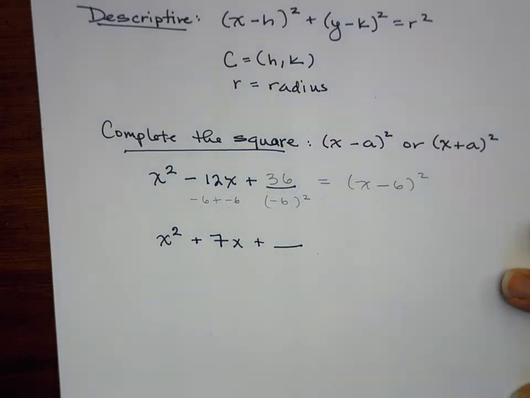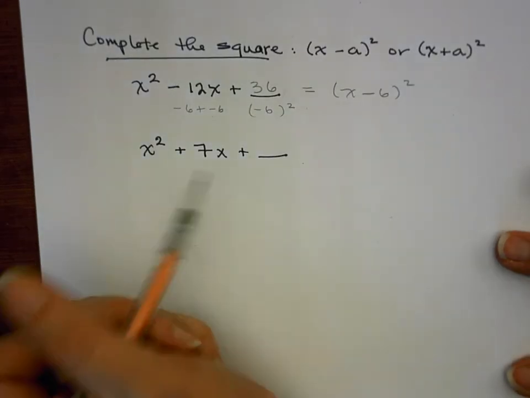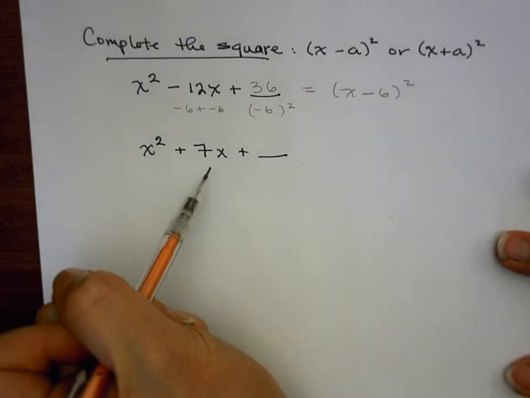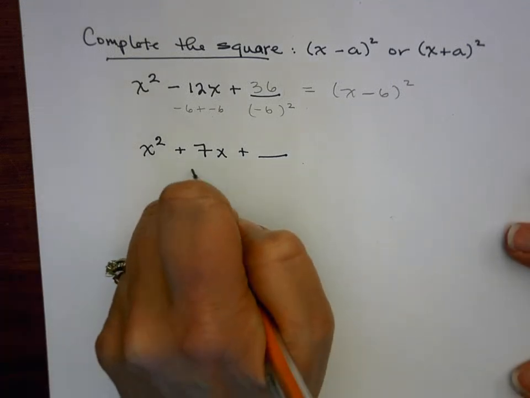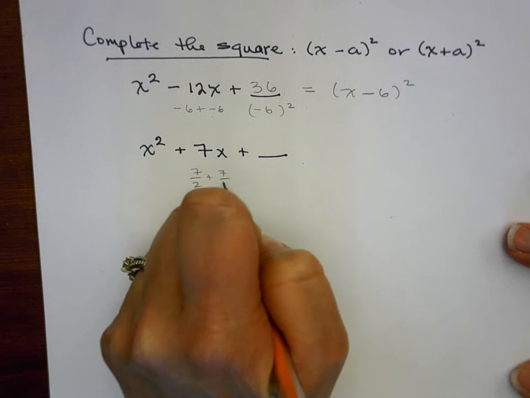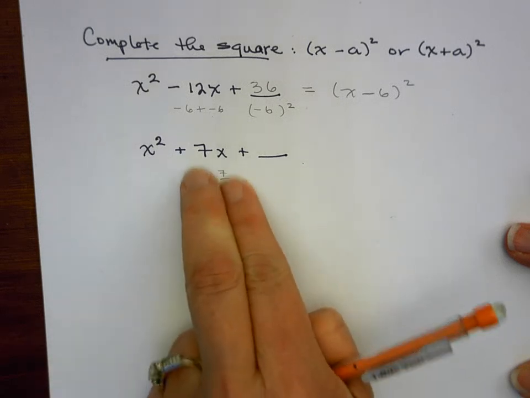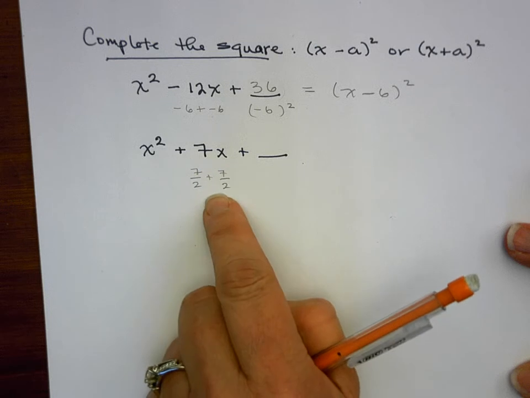So the fractions are a little bit tougher in terms of how we think about it. But again, I'm trying to figure out what two numbers I add together to get 7. Well, that would be 3.5 and 3.5. Or in terms of fractions, it's just half of 7, right? So if I add 7/2 to 7/2, I would get 7 again, right? Because that would be 14 divided by 2.